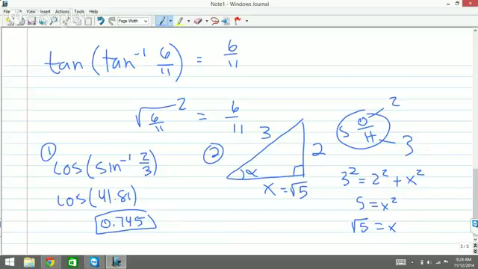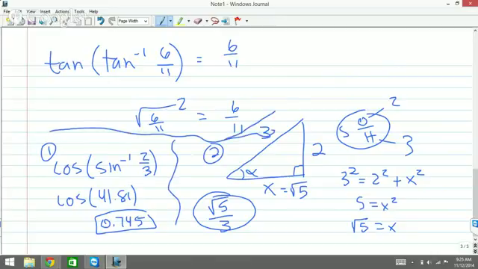Root 5 over 3. There's method 2. You don't even have to calculate the angle measurement. All you have to calculate is the triangle measurements on the legs. So this is the moment you pray and say, Mr. Arthur, I hope you let us use decimals this time? Right? Probably not.